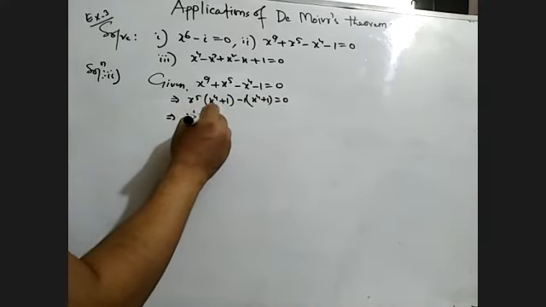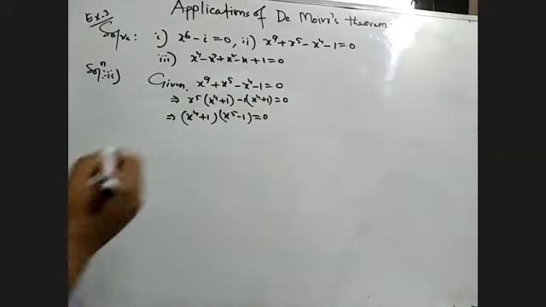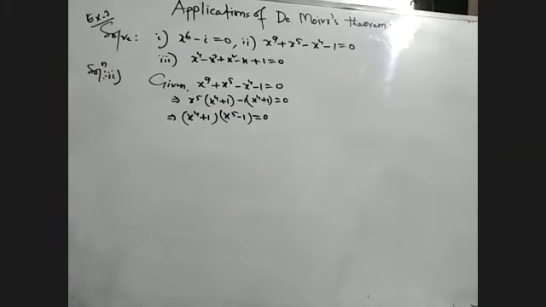So we can take x to the power 5 minus 1 equals 0. This is actually the factorization.